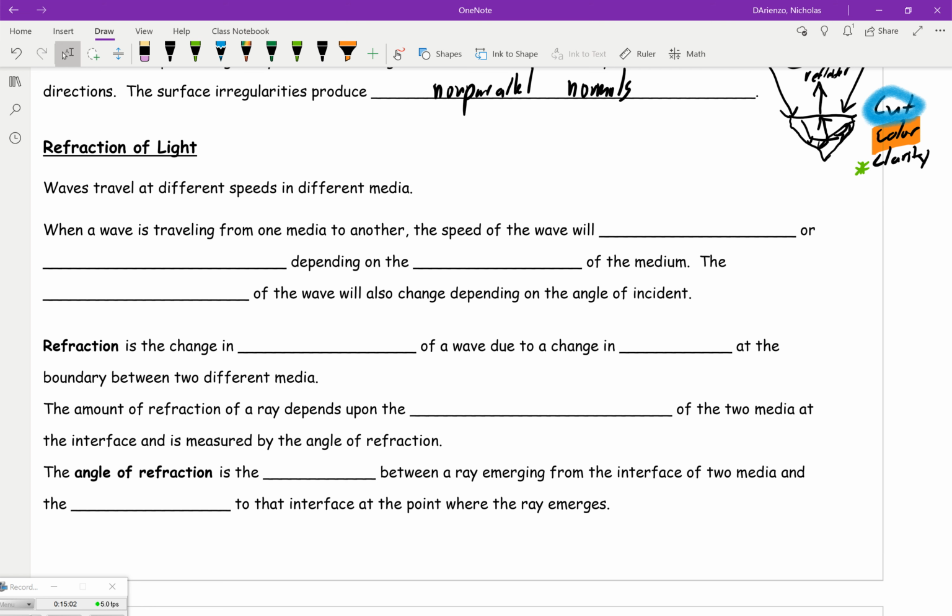That's because those sound waves are traveling differently in the air than they are in the water. So when a wave's traveling from one medium to another, the speed of the wave will change. It'll increase or decrease depending on the density of the medium.